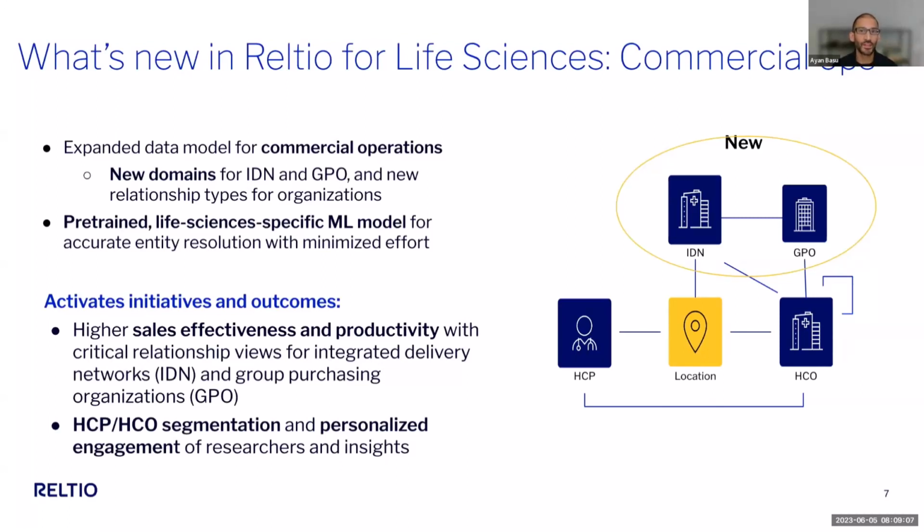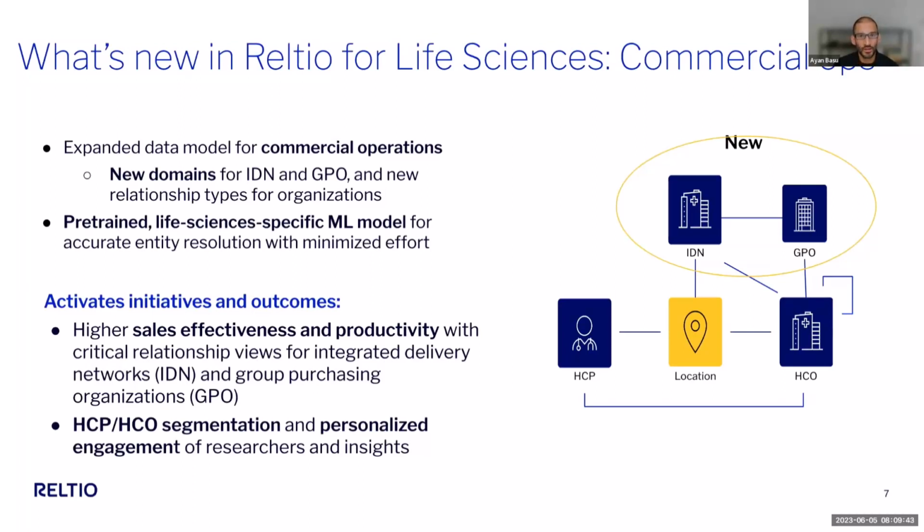And then on top of that, this Velocity Pack will also have pre-trained life sciences related machine learning models to further automate matching and merging processes and dramatically simplify and speed up how quickly that can happen. And then ultimately, again, this is powering key business outcomes like driving higher sales effectiveness, improved productivity. And this is happening through the critical relationships that are now available within the Velocity Pack between, say, IDNs and HCOs or GPOs and HCOs.